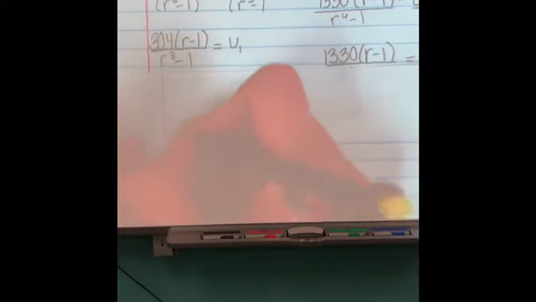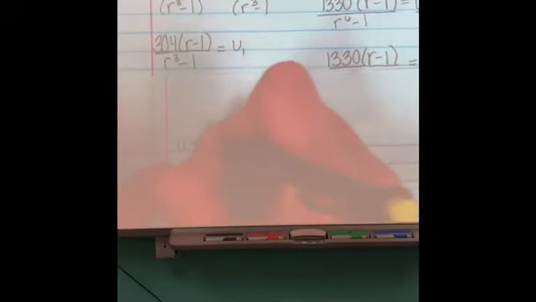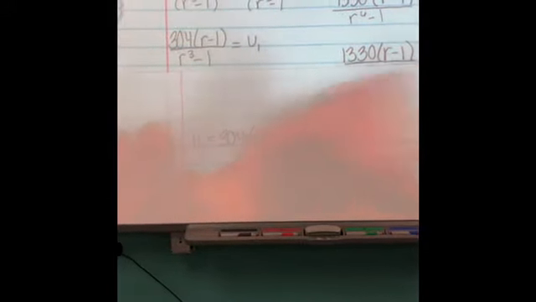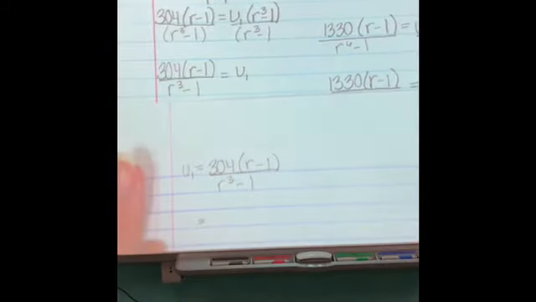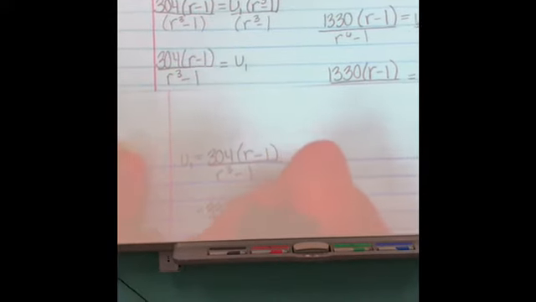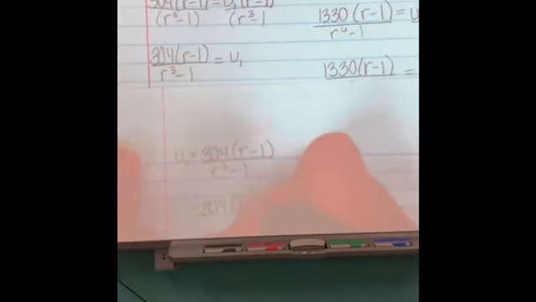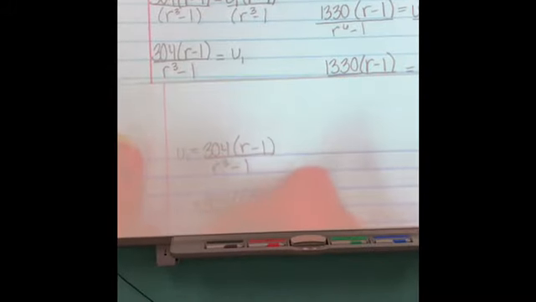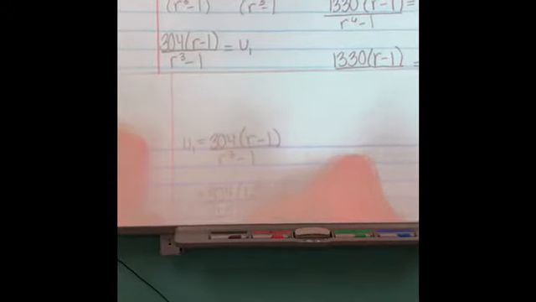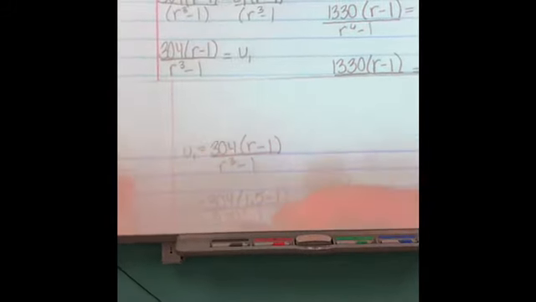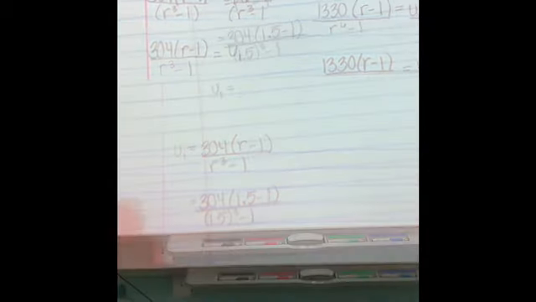So if u sub 1 equals 304 times r minus 1 over r cubed minus 1, then since r is equal to 1.5, this will become 304 times 1.5 minus 1 all over 1.5 cubed minus 1. And then when you put that whole thing in your calculator, pause. U sub 1 then is going to equal 64 after you put this whole thing in your calculator with parentheses where they belong.